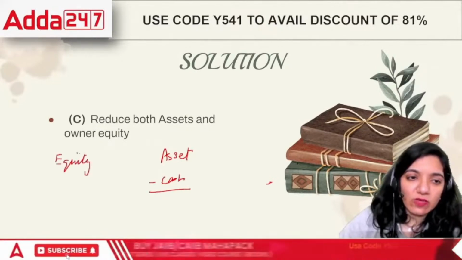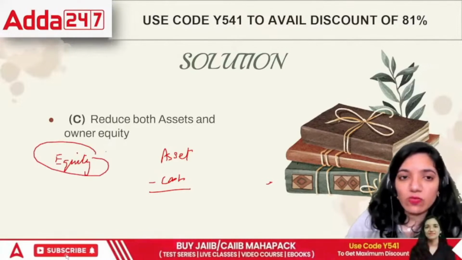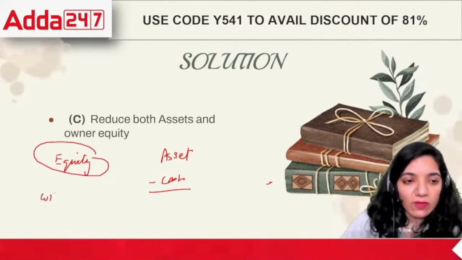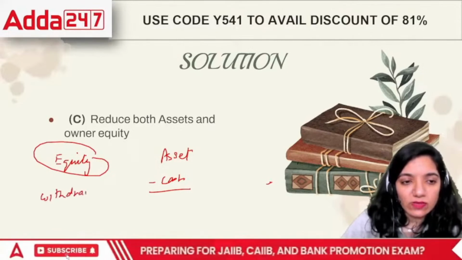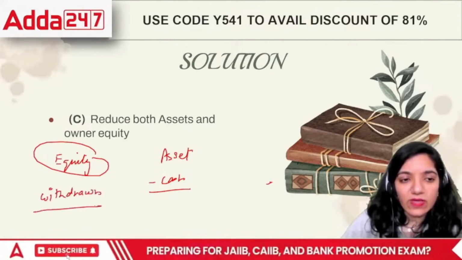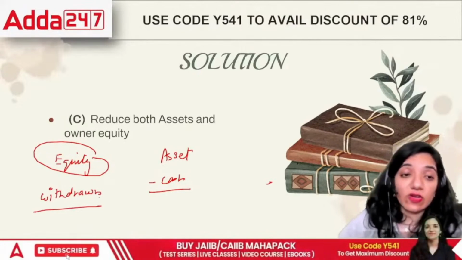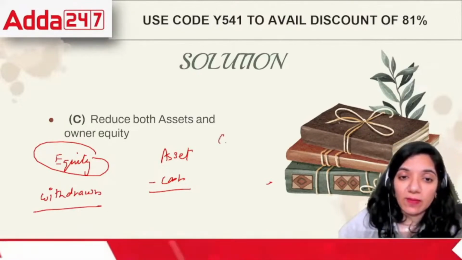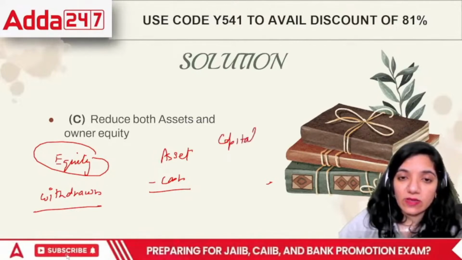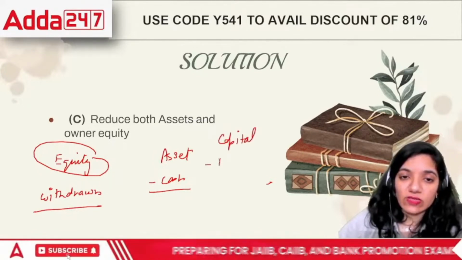In terms of equity, the withdrawn amount would be shown there, right? That is equity for us. So this withdrawn amount would be taken away from the capital. Capital minus drawings.